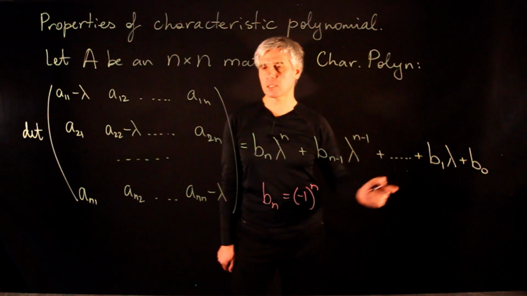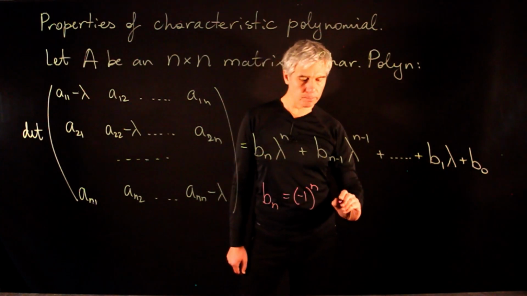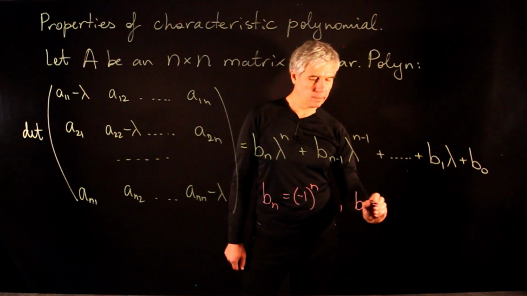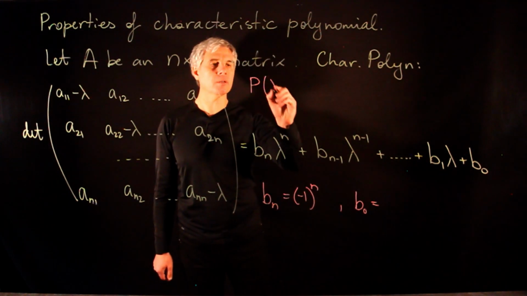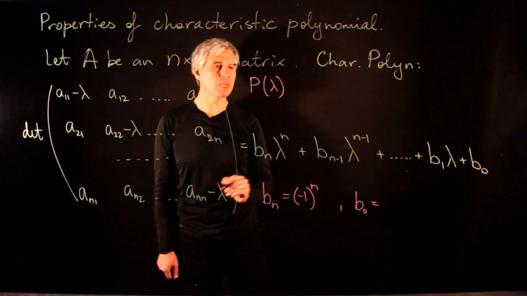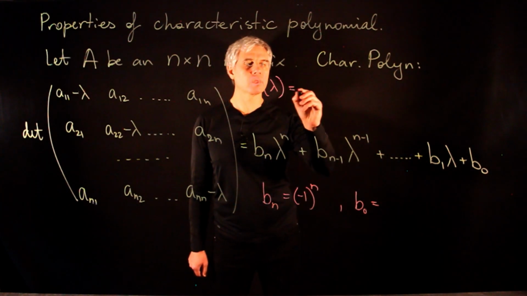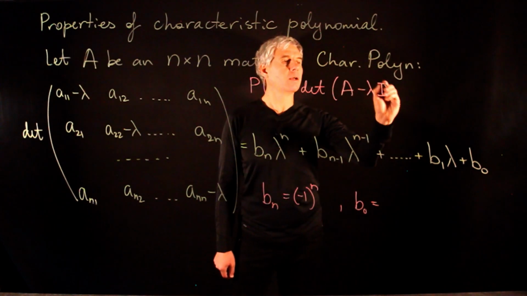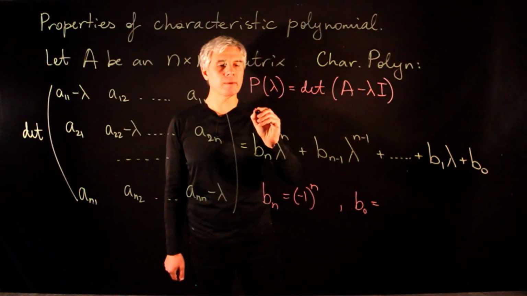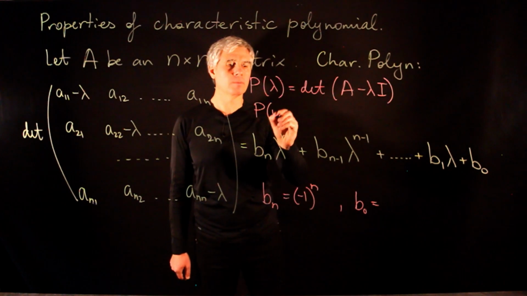Another coefficient that has a special meaning is the coefficient b0. Now, what is the value of b0? If we denote the characteristic polynomial by p of lambda, which is the determinant of A minus lambda I, then what is p of 0?